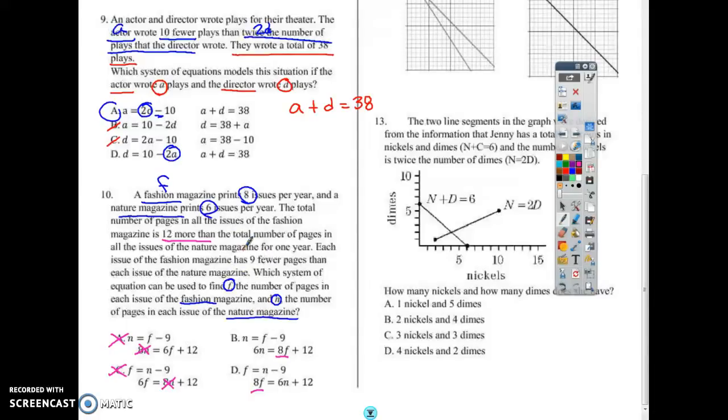Fashion Magazine. So it has to be the Fashion Magazine equals the Nature plus 12. Okay? It's going to be D. But if you still don't understand it, let's look at the next one. It says, each issue of Fashion Magazine has 9 fewer pages than each issue of the Nature magazine. What do you have fewer of?